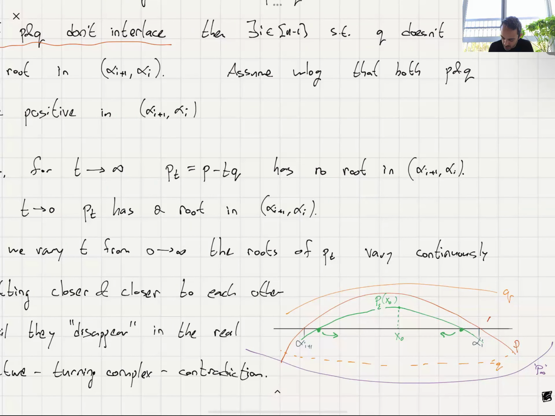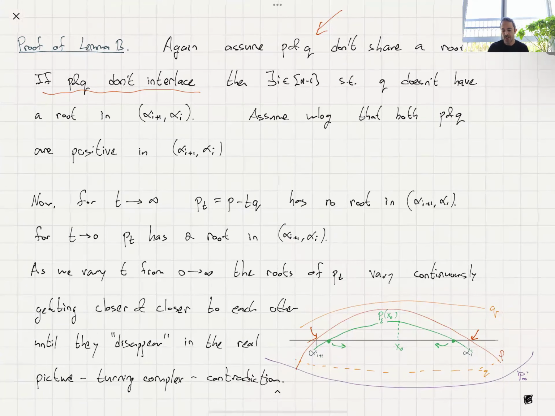This is one root of P. This is another root of P, the consecutive roots. And we are going to assume that Q doesn't have a root in between them. So it's either completely above or completely below the x-axis in this open interval. Okay, now there are a couple of cases, but let's assume they're all the same.